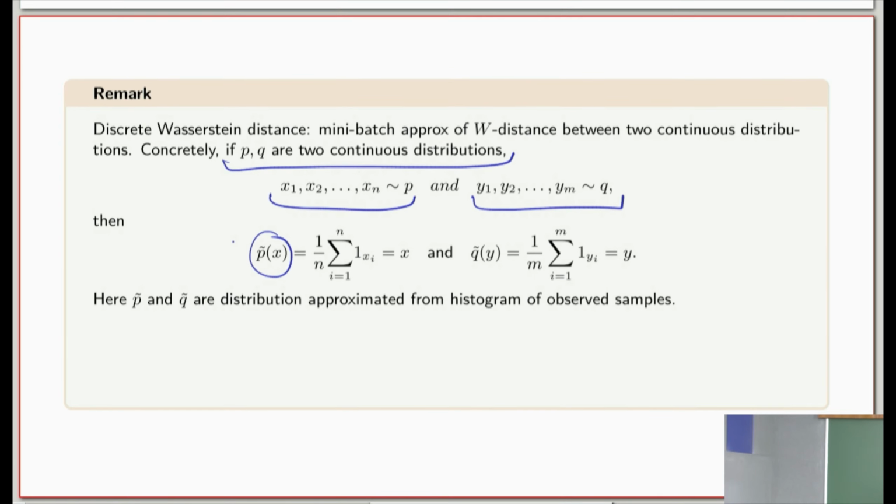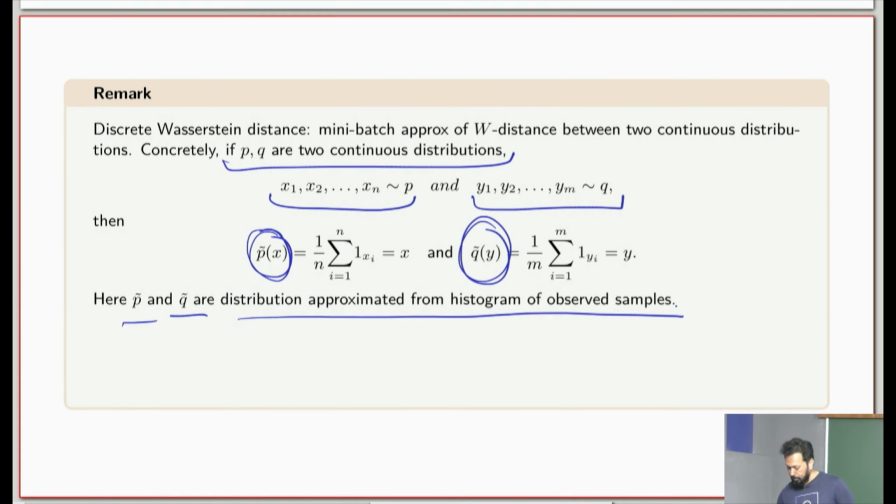I took those samples and plot a histogram that gives me the frequency values, basically the probability value for each sample, and from there I can learn approximate distributions P and Q. So here P tilde and Q tilde are distributions approximated from the observed samples.